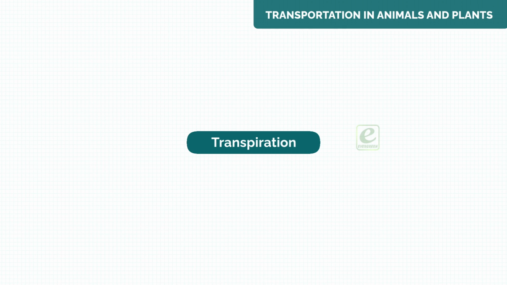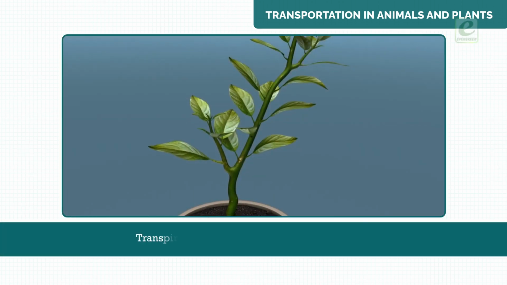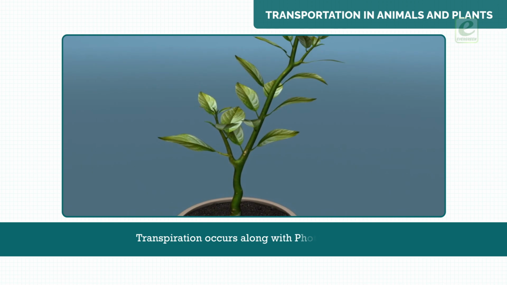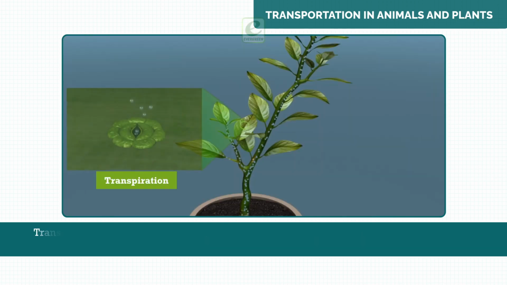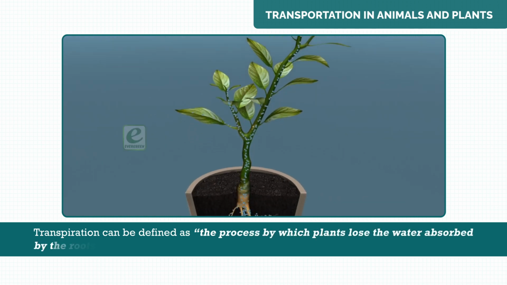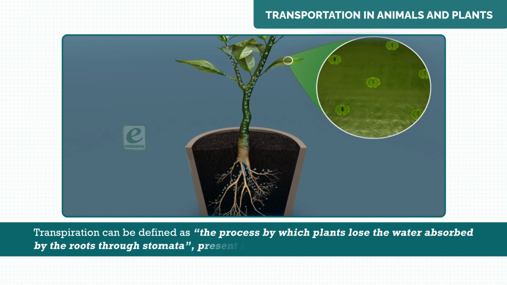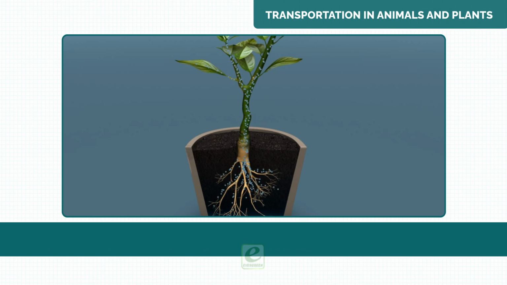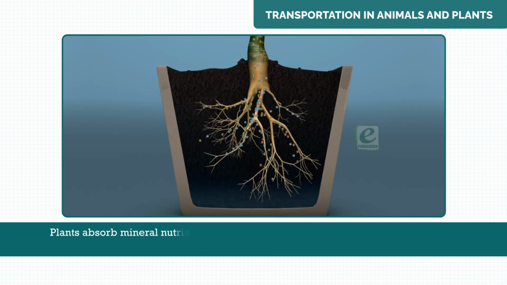Transpiration. Transpiration occurs along with photosynthesis. Transpiration can be defined as the process by which plants lose the water absorbed by the roots through stomata present in the leaves. Plants absorb mineral nutrients and water from the soil.